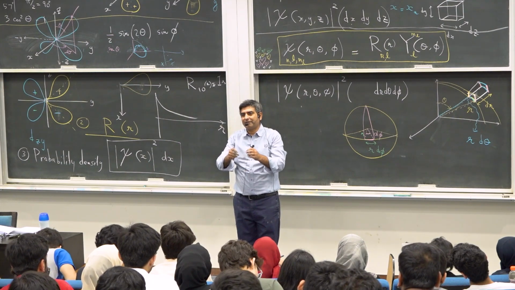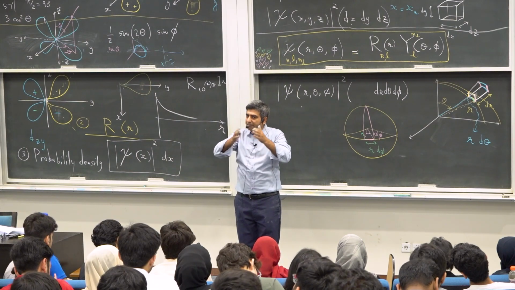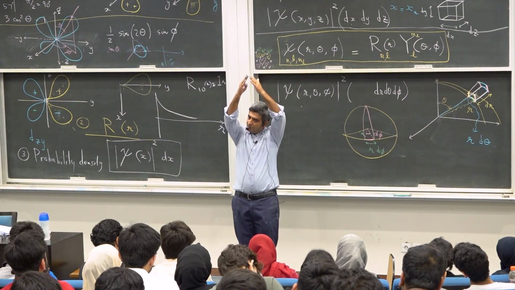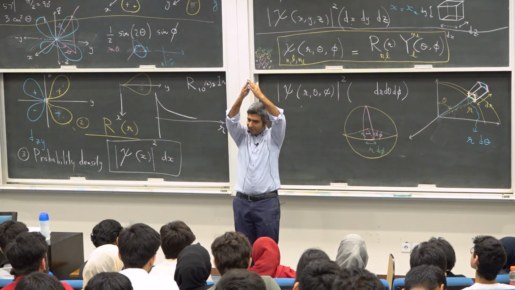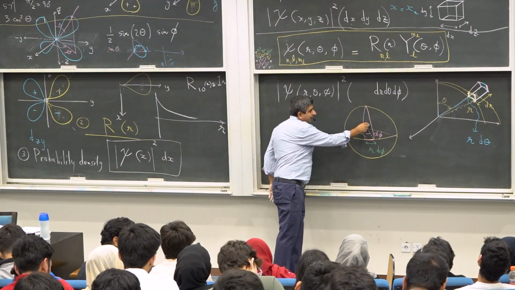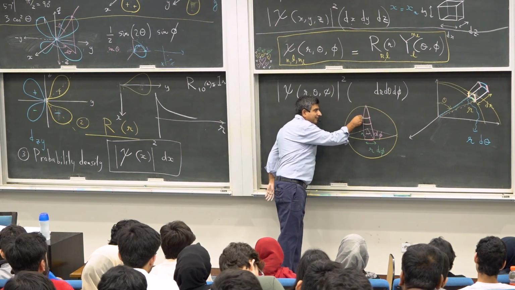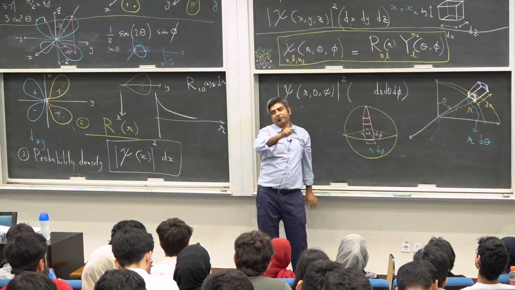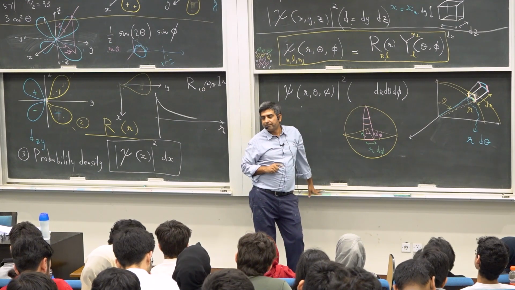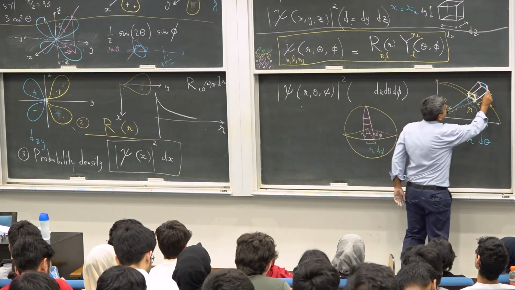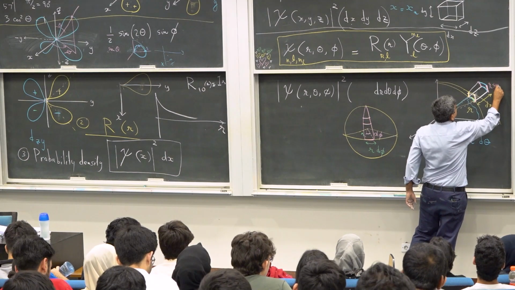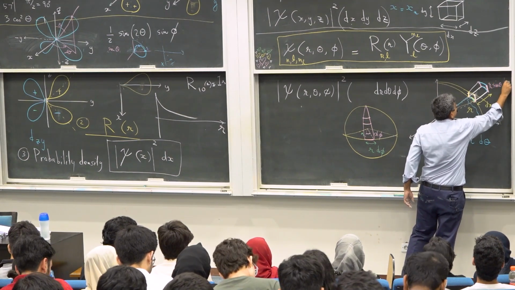So can you think of a function that is maximal at 90 degrees and 0 at 0? Sine theta. So this length over here is r sine theta times dφ. Hence, this length is r sine theta dφ.